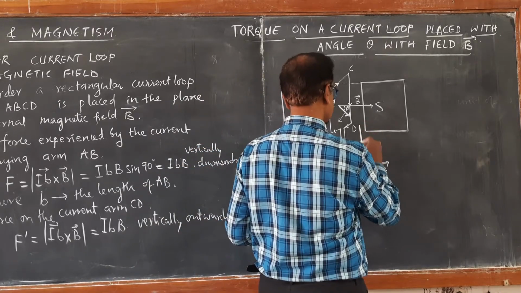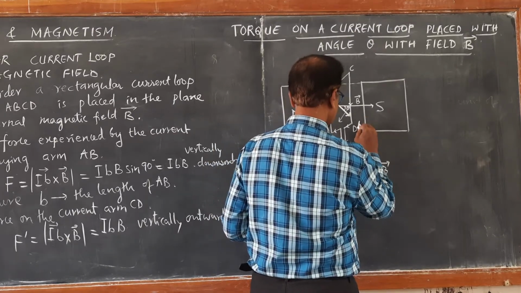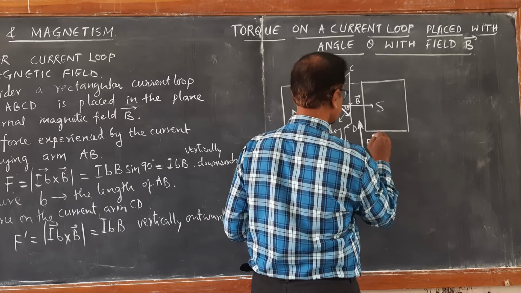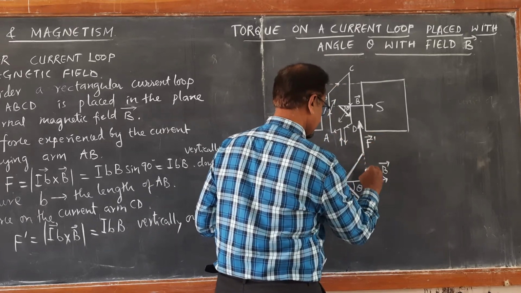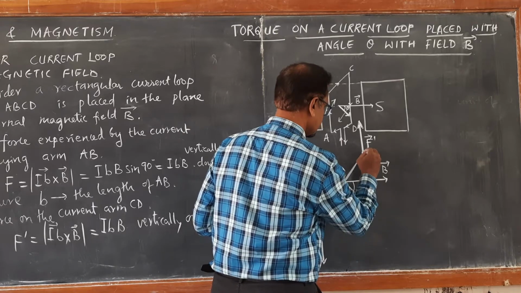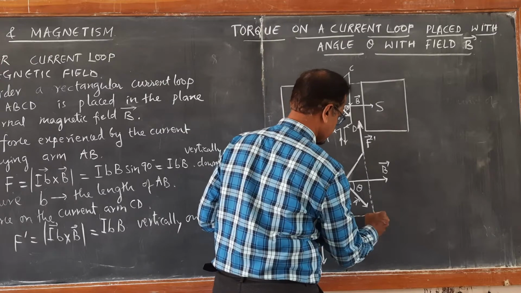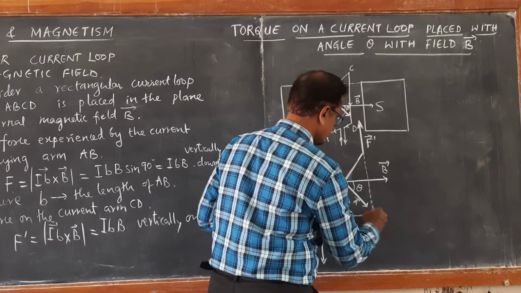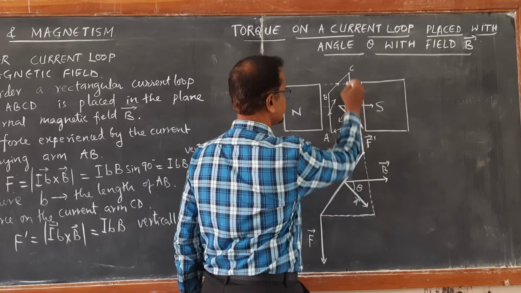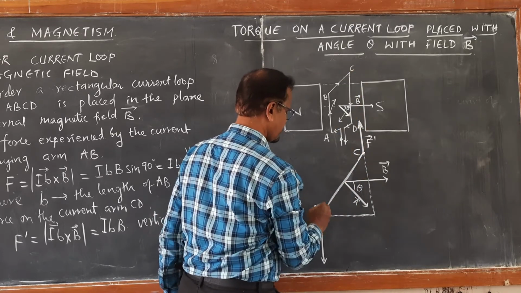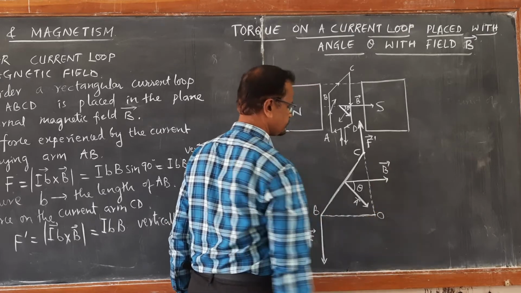This is the force acting here, the same amount of force, which I am showing as F dash. This is the extended force, and this is the perpendicular distance between the two forces. This is your point C and this is point B, and you can take this point as some other point, let us say O.